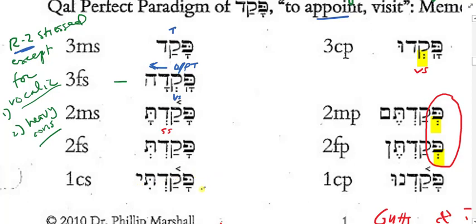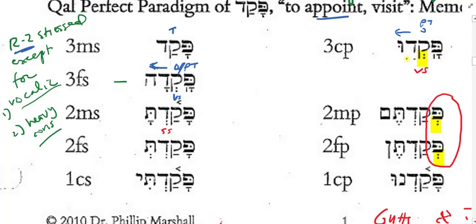Pakadti. So I appointed. Now, over here to say they appointed, I add the shureq to root 3, and that is vocalic. So not only is the dalet not going to have a silent shva anymore, it's going to slide over and take its vowel, and this will be open and pretonic, and so the patach that was here will reduce to a vocal shva.